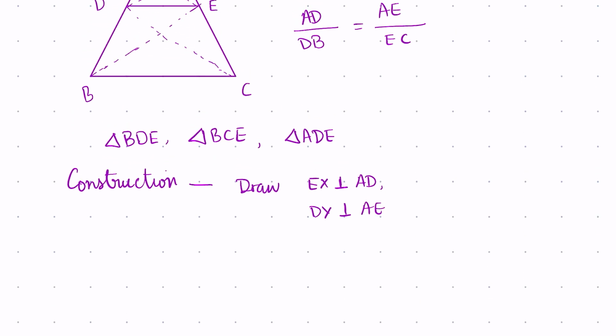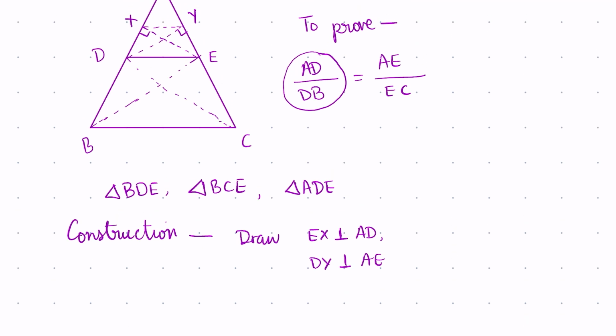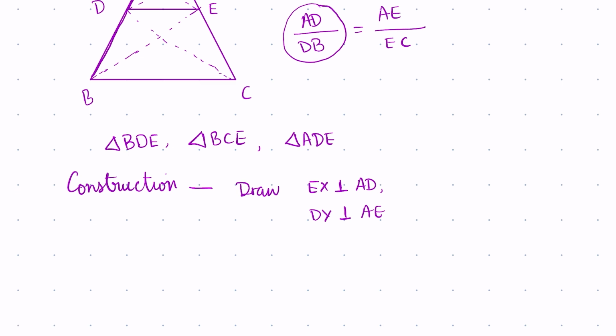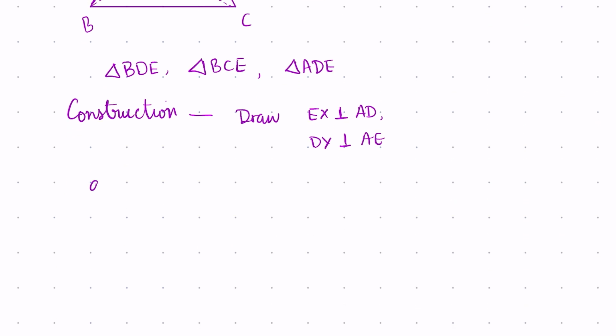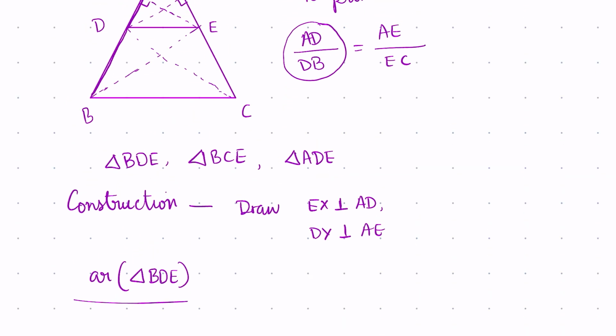Let's start. How might we get, let's say, the left hand side of this equation? AD by DB I need, right? So AD by DB, I need to connect those two line segments somehow. Well, let's say area of triangle BDE divided by area of triangle BDE.